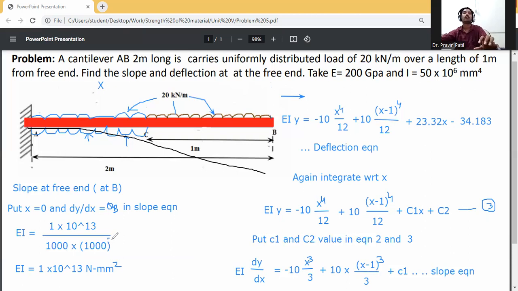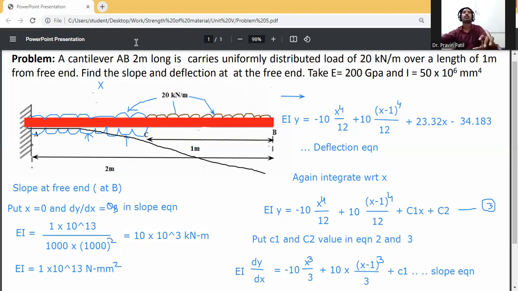So we get 10 into 10 raised to the power 3 kilonewton meter square.